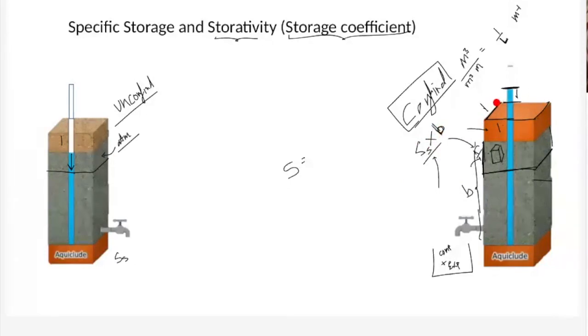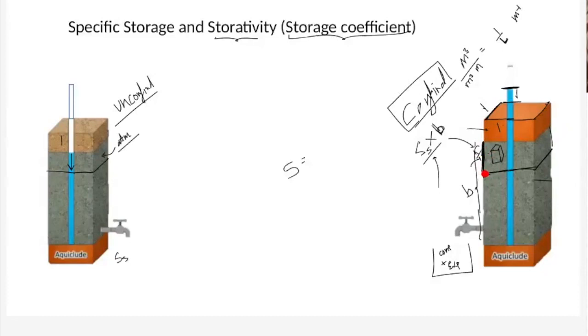If this is unit area, then specific storage is only going 1 meter below or 1 unit below, right? Understand this. If you are taking only unit area on the top, then specific storage will only go 1 unit below because it is per unit volume, right?